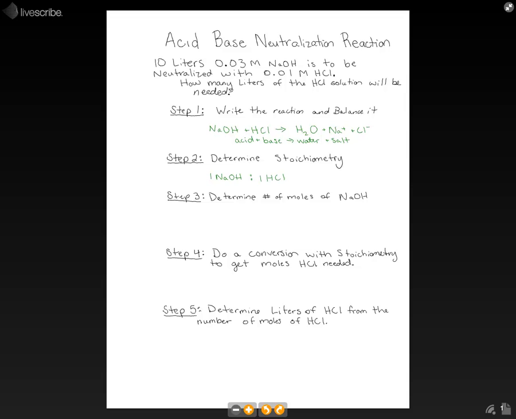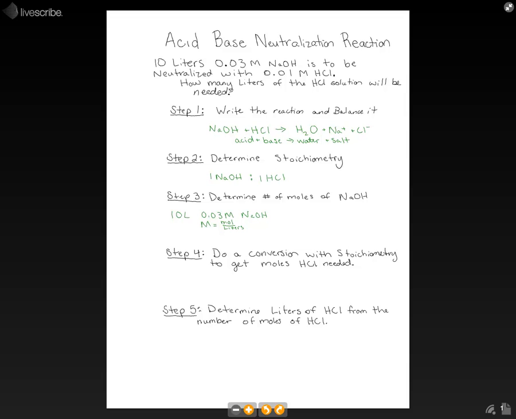So now we need to determine the number of moles of NaOH so we can do some conversions in a bit. They've told us that we have 0.03 molar NaOH, and we have 10 liters of it. So we know that molarity equals moles divided by liters.